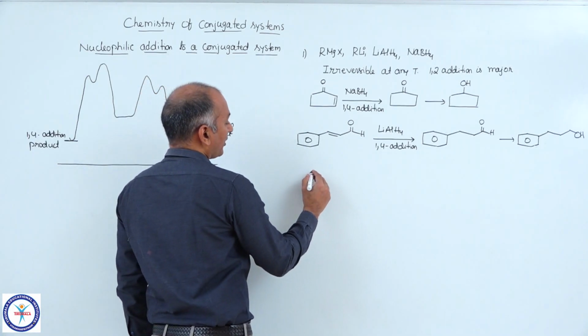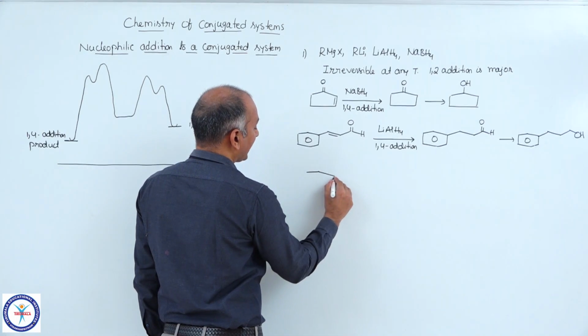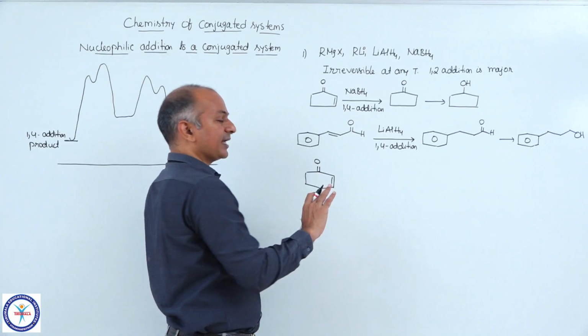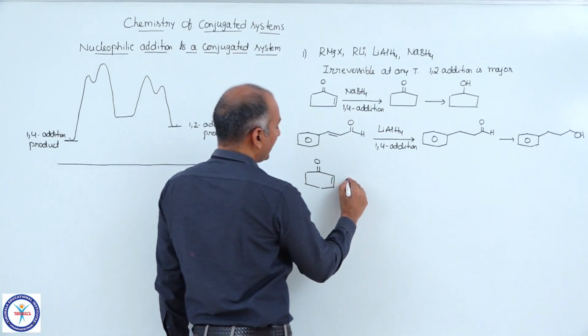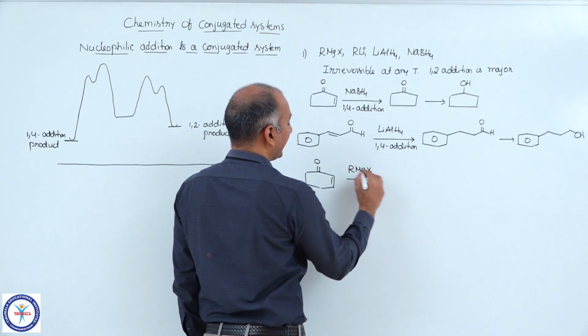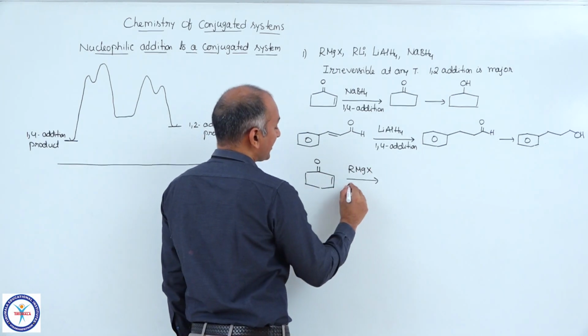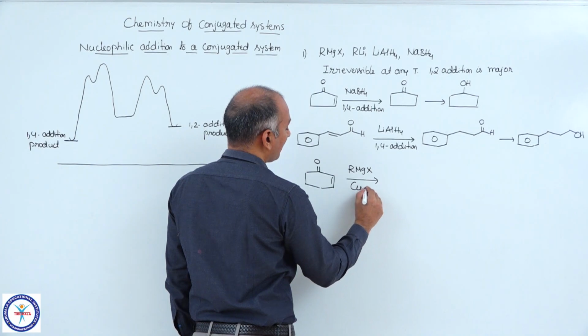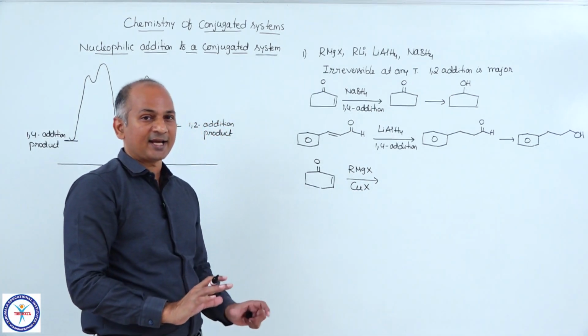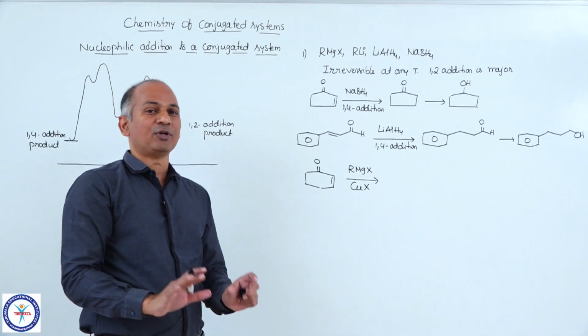And one more exception here is, suppose you take a compound like this, cyclic or acyclic, any compound. Now you treat this compound with organomagnesium compound, Grignard reagent, but in the presence of a small amount of cuprous halide. If you take only RMgX, then the addition is always 1,2.